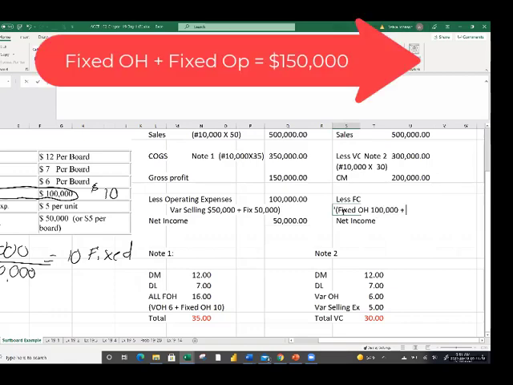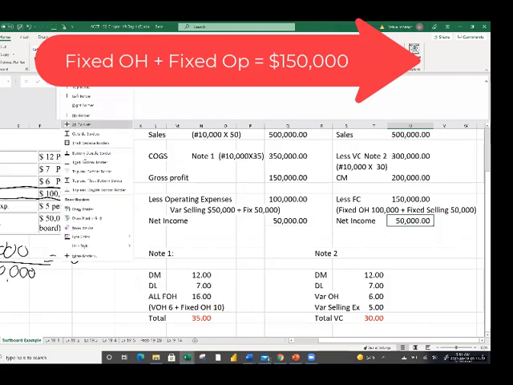And there was the fixed selling, which was 50,000. So that would be 150,000. And that means my net income, as we predicted, is exactly the same because there was no inventory swing.